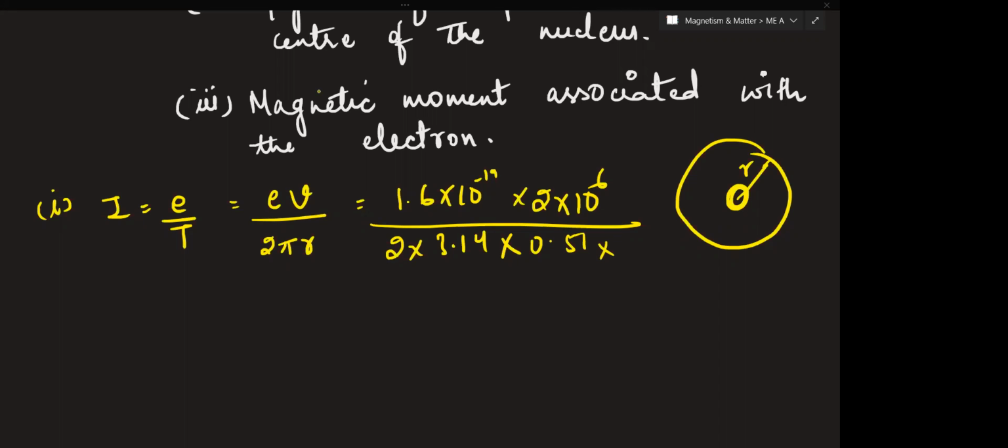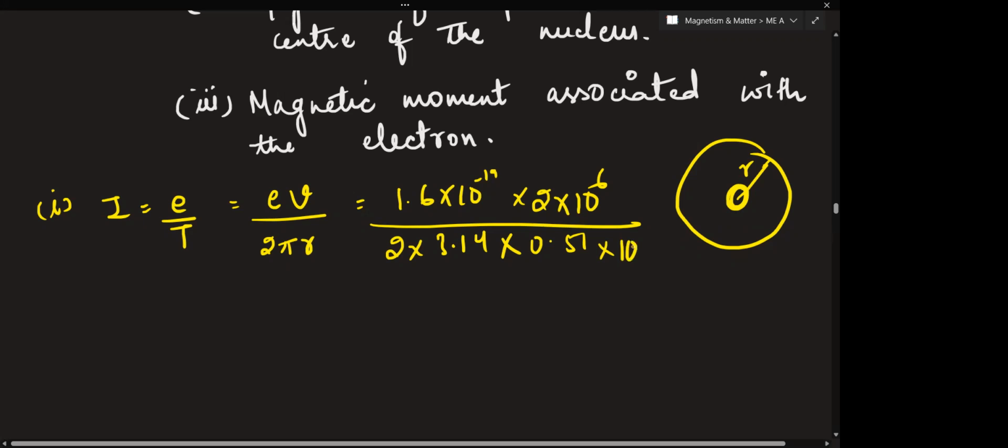How do we convert angstrom into meters? How should I write 0.51? Yes, 10 raised to the power minus 10. So when you solve this, you will get the answer as 10 to the power minus 4 ampere.